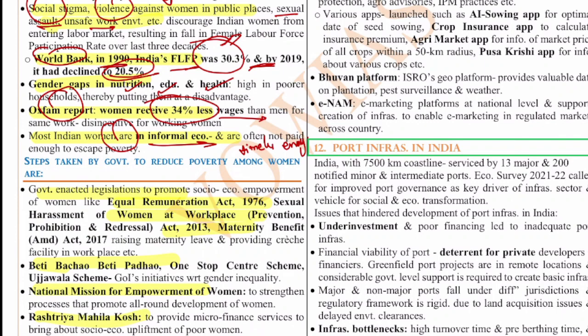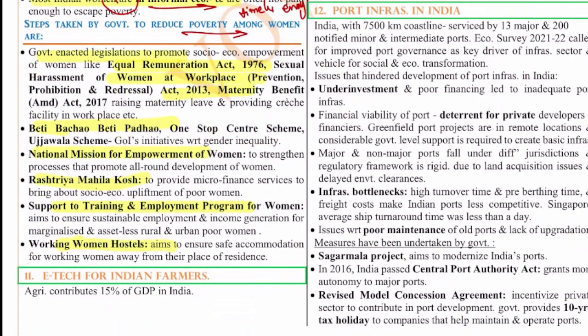Now, the government has taken various steps to reduce this poverty among women. Those steps are: the government enacted legislations to promote socio-economic empowerment of women, like the Equal Remuneration Act of 1976, the Sexual Harassment of Women at Workplace (Prevention, Prohibition and Redressal) Act of 2013, and the Maternity Benefit Amendment Act of 2017, raising the maternity leave provided to women and also providing creche facility in the workplace, etc. The Beti Bachao Beti Padhao, the one-stop center for women, the Ujjwala scheme.